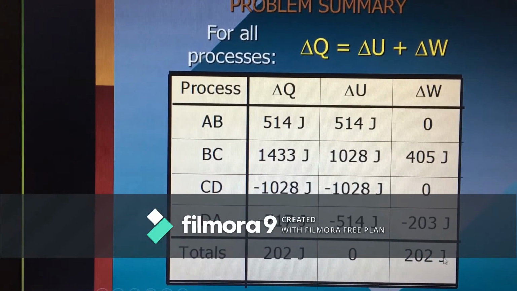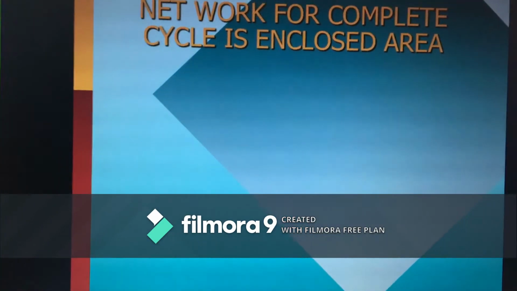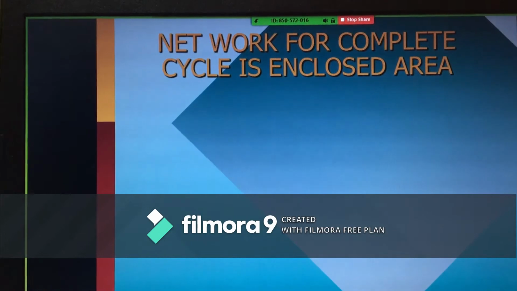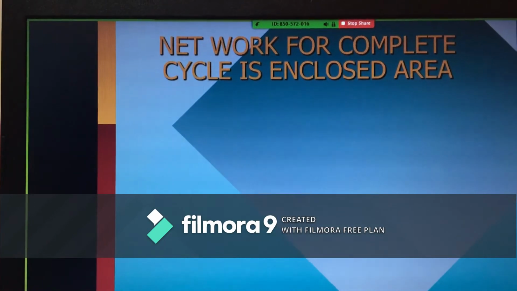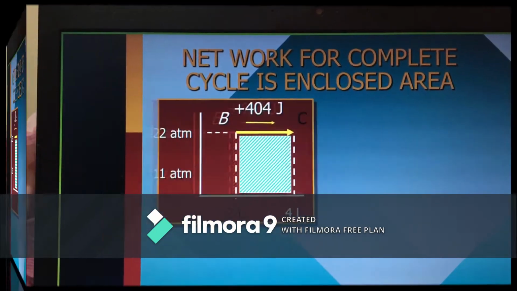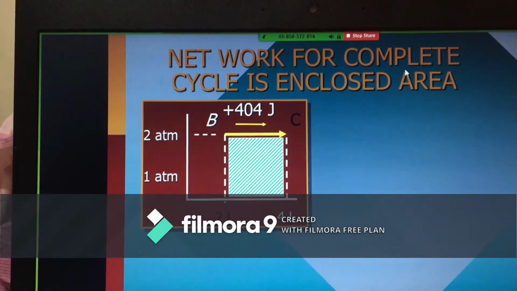So we can say, class, that the net work, the continuation of our topic, we call it net work for a complete cycle, which is the enclosed area. From this illustration, we have an example of net work for a complete cycle.